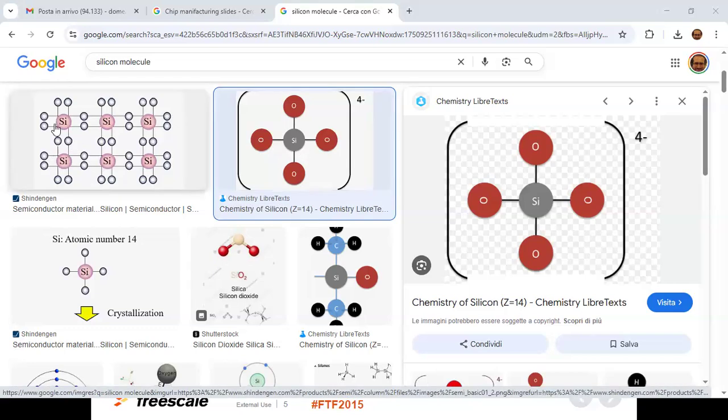This is a very diffuse mineral, one of the most diffuse minerals in the world. And where we can find a lot of this is properly in sand, okay? The different grains of sand come from the erosion of rocks and so on, and so can be composite in a way. But the most prominent part of the sand is made of silicon or silicon dioxide, okay?